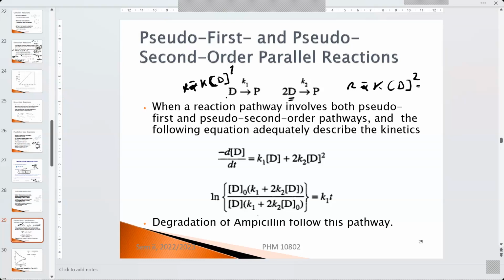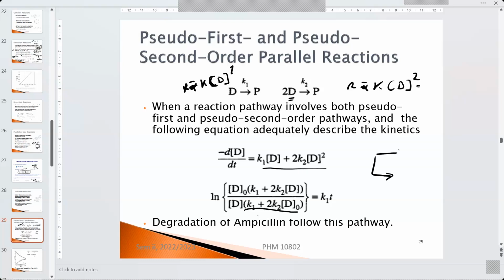So if we have a parallel reaction, then we have both first and second order, this is the equation. Okay? Why do we call them pseudo second and pseudo first? Because the reaction doesn't occur according to any one of them alone. The reaction occurs according to both together, the total reaction rate according to both reactions.